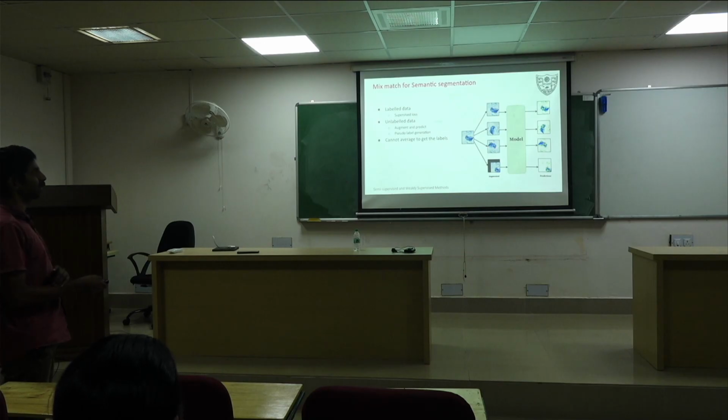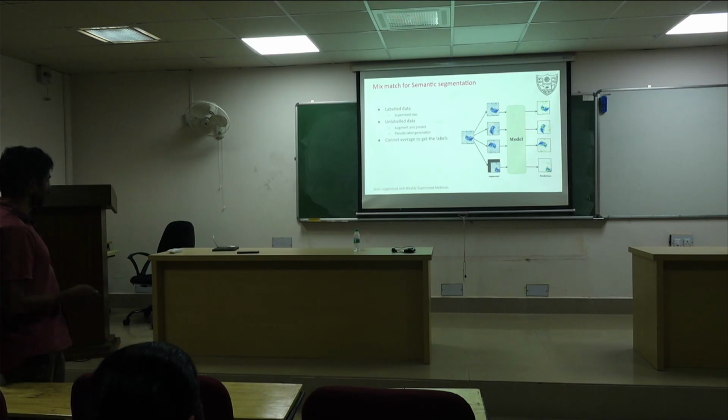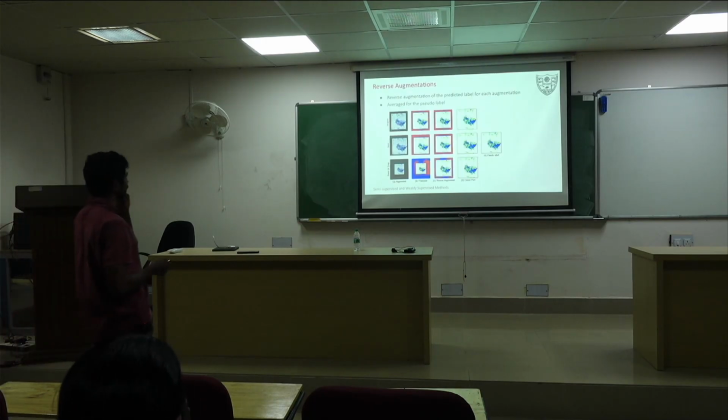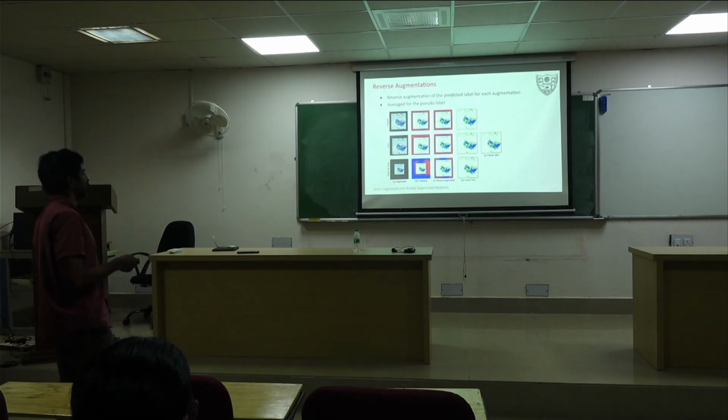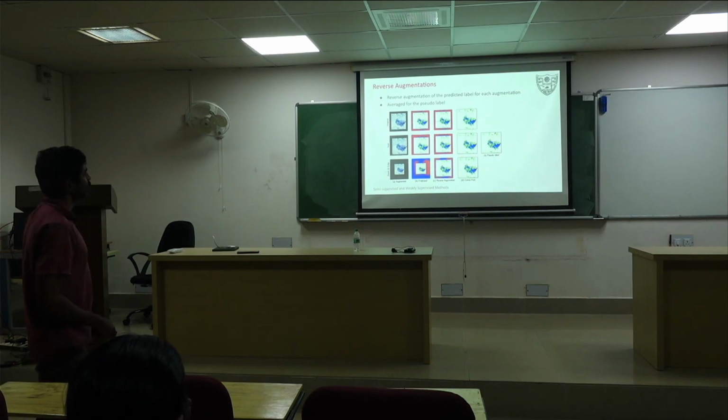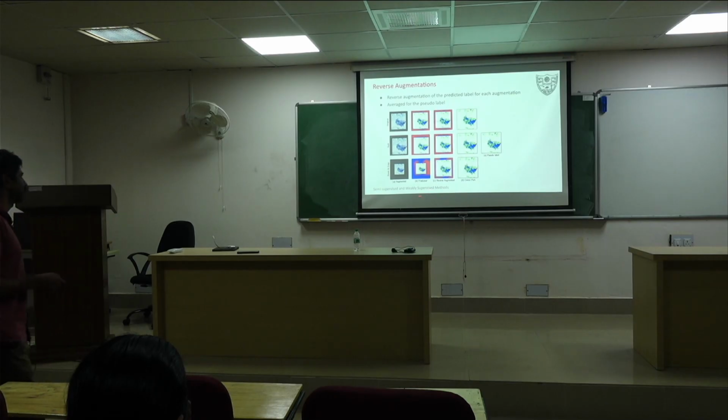A rotated image will give you a rotated label, so you have to do the reverse of it before averaging. We did reverse augmentation for the labels, aligned all of them, centered them, and then did the pseudo labeling. This needed a few more steps.